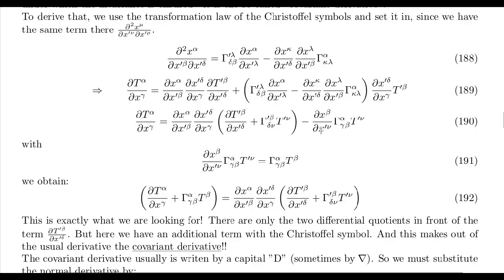And then here in the negative term, that is here the other part, we have this multiplied by this, and we can here cancel out two differential quotients. That means here we have dx lambda, and here dx delta and dx delta in the numerator and denominator. So we cancel that out, and we have only this expression here, 190.